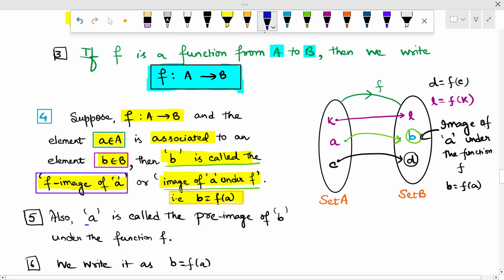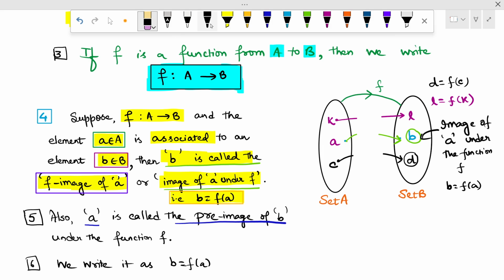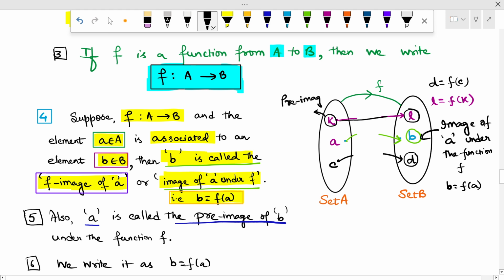Next, also this a is called the pre-image of b. Now you see here, suppose this L is the image of k, right? So this k is the pre-image of L. Similarly, b is the image of a under the function f.